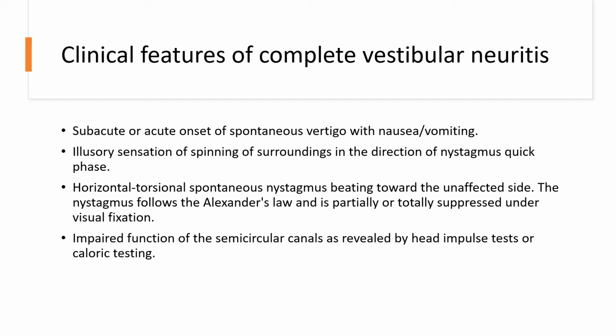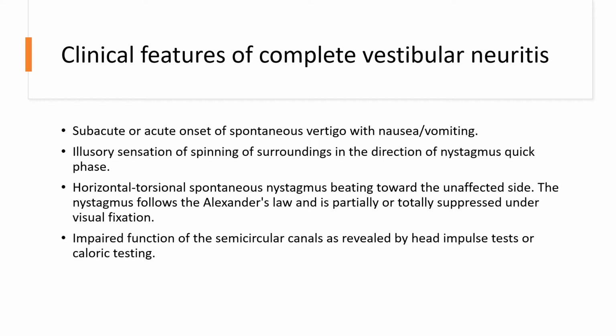When a patient closes their eyes, sometimes they can tell which way they are spinning. And if we look at the nystagmus, the way that they are spinning is into the direction of the nystagmus quick phase. Examination of the eyes shows horizontal with a bit of torsional spontaneous nystagmus beating towards the unaffected side.